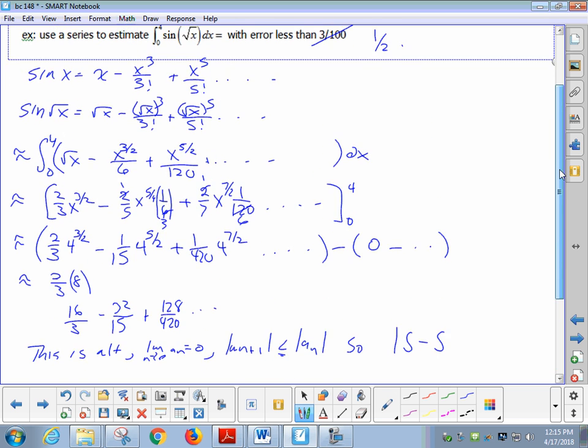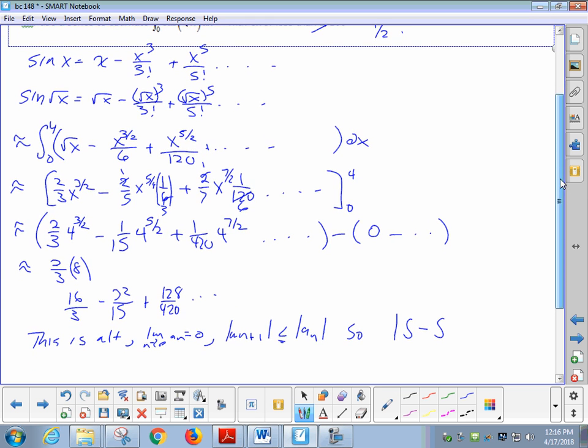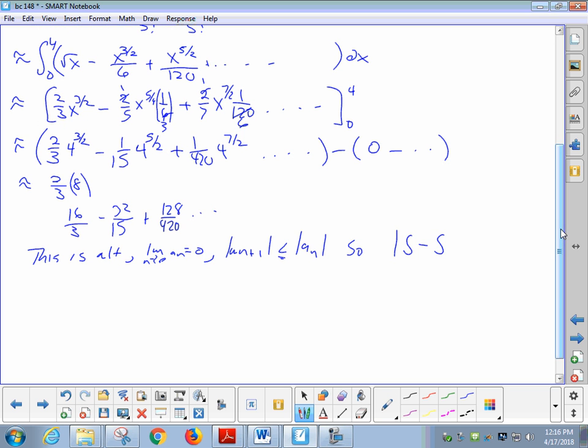What's the first term that's less than a half? The third term, do you agree? So as an estimate, we're going to use an S2. S minus S2 will be less than or equal to A3, which is 128 over 420, and that is less than a half, yeah?